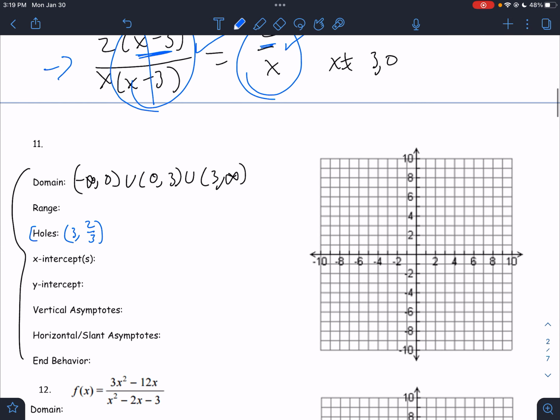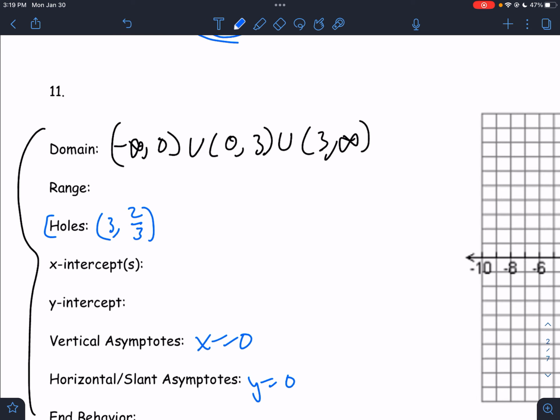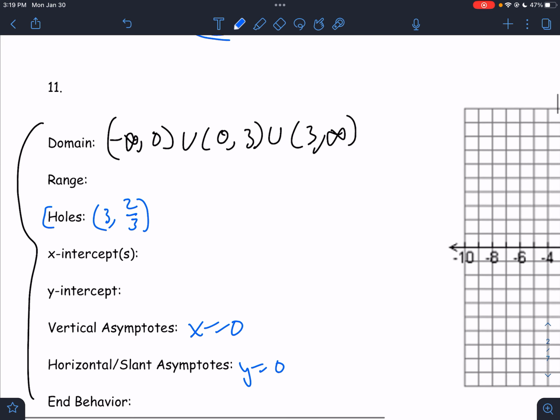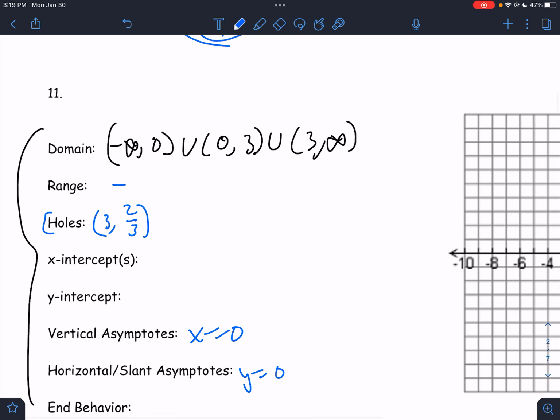We break at 0 as well. So we have a horizontal asymptote at y equals 0 and a vertical asymptote at x equals 0. These are things you need to help you answer these questions: the horizontal asymptote and the hole. So we have negative infinity to 0, then we pick back up 0 to 2/3, then 2/3 to infinity.